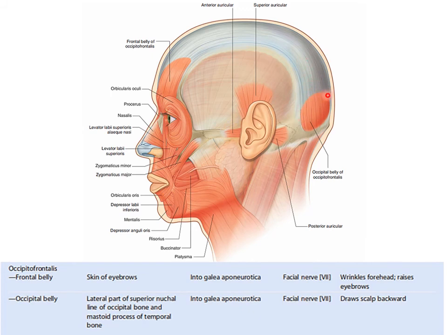This posterior belly is also supplied by the facial nerve, and it draws the scalp backwards. So this is the occipitofrontalis muscle.